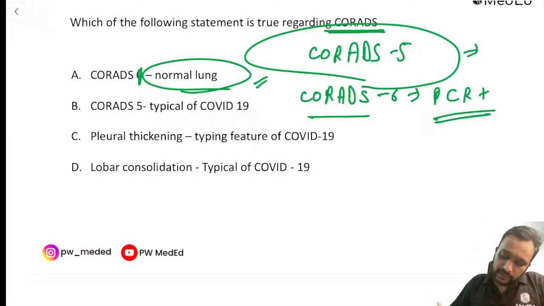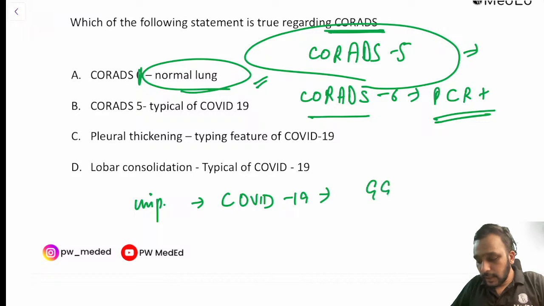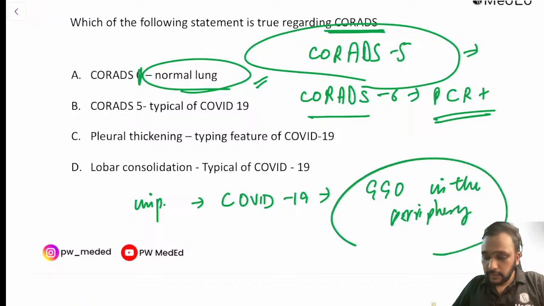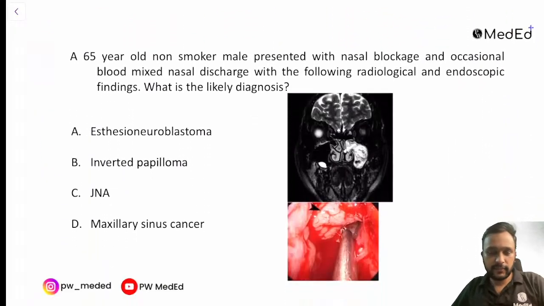And what are the important features of COVID-19 infection? You will see ground glass opacities in the periphery of the lung, right? This is the most important finding that you are going to see in a patient with COVID-19 infection.